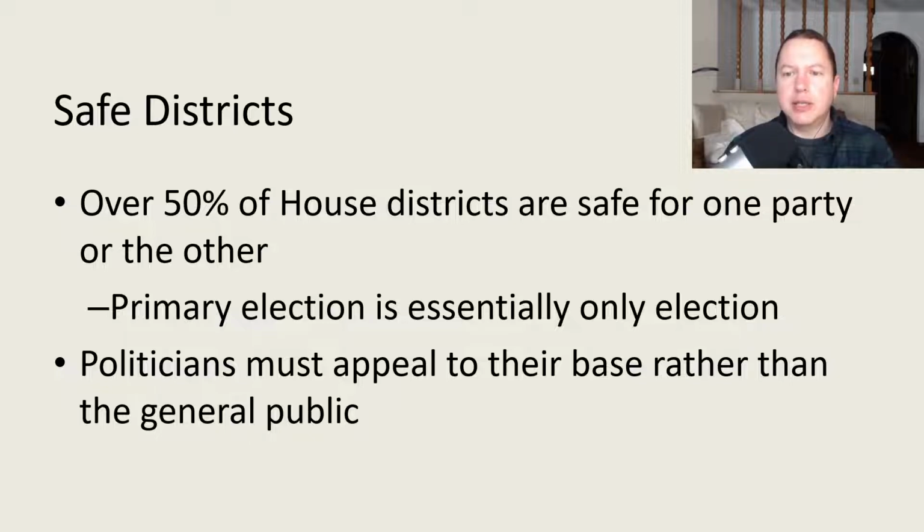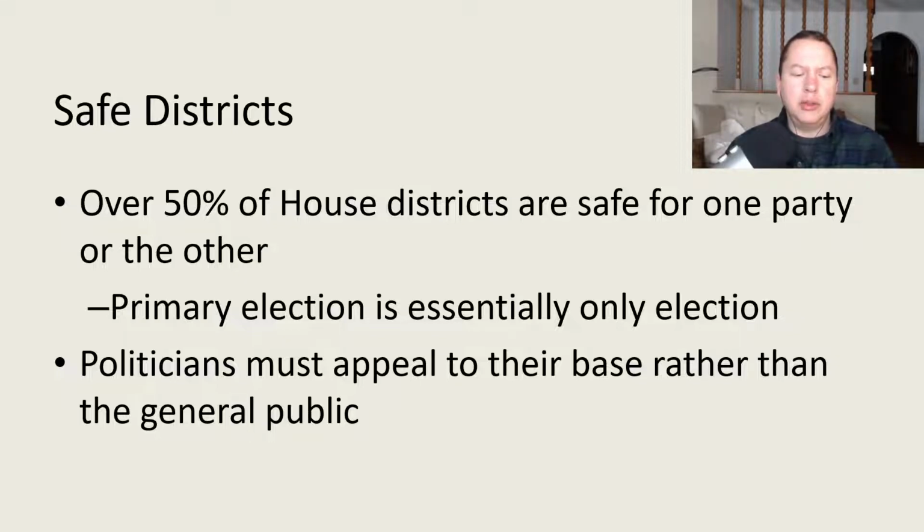By contrast, a district in rural Alabama is probably pretty safe for the Republican Party. In such districts, the primary election is essentially the only election. Consequently, politicians must appeal to their base rather than the general public.